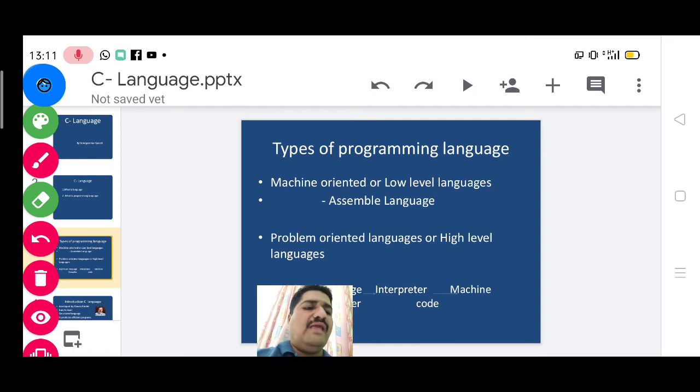These high level languages are reliable and not machine dependent. A program written on one machine can be executed on another machine. These languages have well defined syntax and semantics. That is called a high level language.